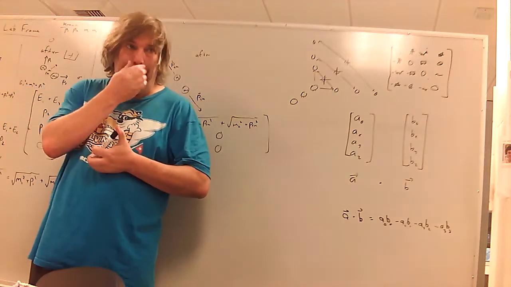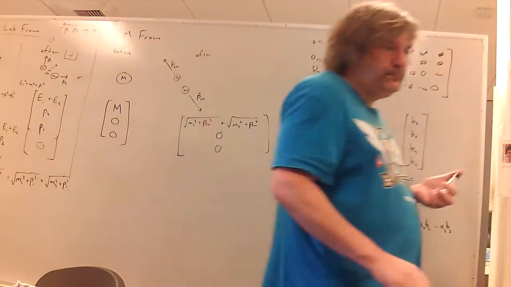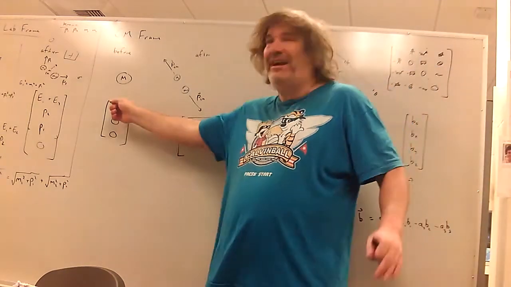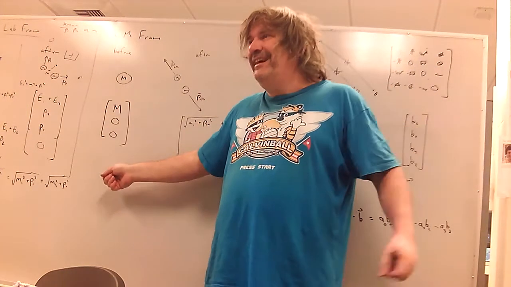As we go on, as we start adding more particles, more interacting things to these problems, it'll become a very useful and clever trick to say: sometimes instead of my equation saying this component before the collision is the same as this component after the collision in the lab frame, or in the center of mass frame, you say, hey, this particular dot product of any 2 of the vectors I'm dealing with in the center of mass frame, and that same dot product written in the lab frame, have to come out the same.